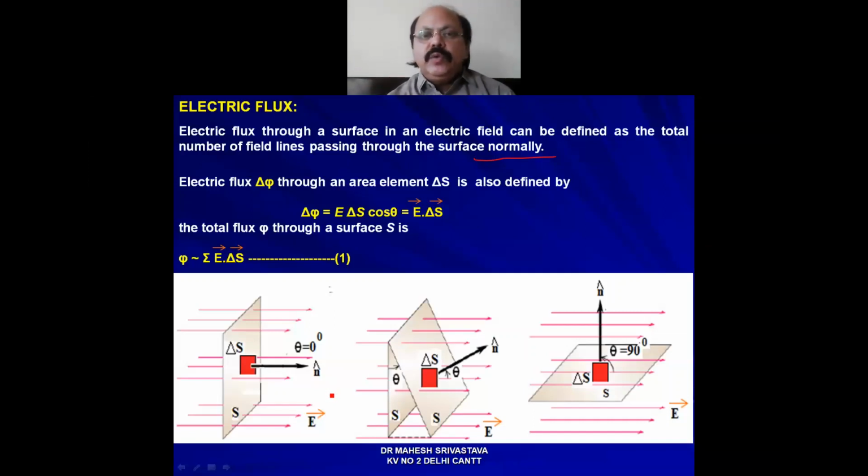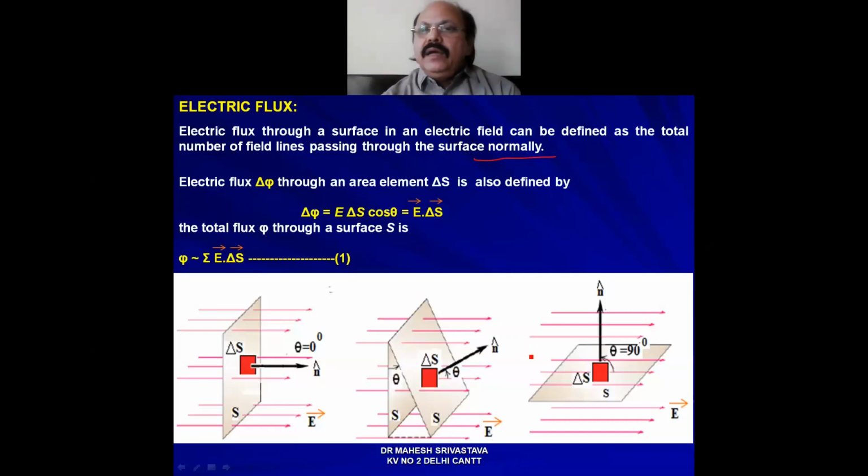But in the second case, if we tilt the area, the area vector makes some angle with the direction of the electric field. Say here it is theta. When you resolve this area vector, its component delta S cos theta comes in the direction of the electric field, or you resolve the electric field component along the direction of the area vector, that is E cos theta.